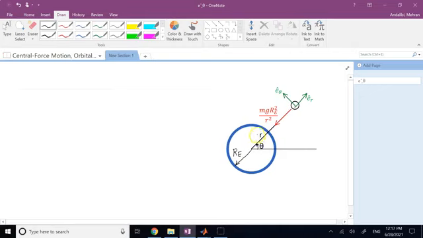When this is bigger than the radius of the Earth, significantly bigger, then your gravity is, as you know, inversely proportional to the radial distance squared. So it is going to be smaller than the mg, right?